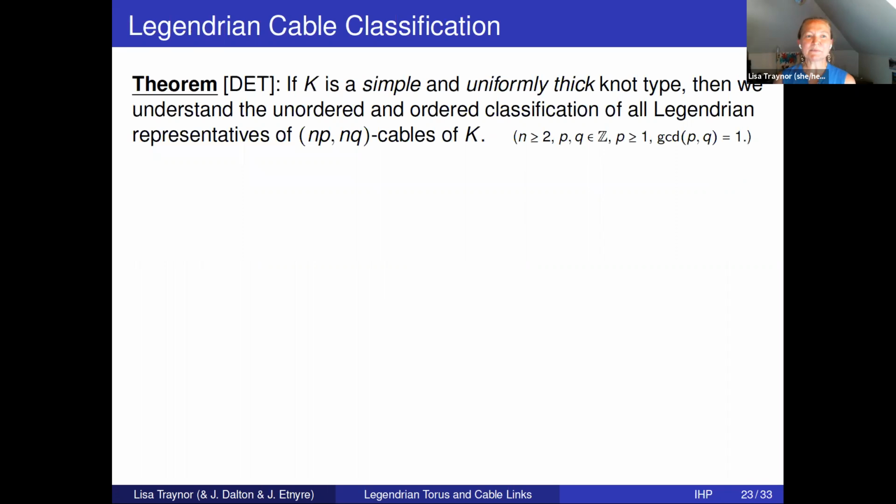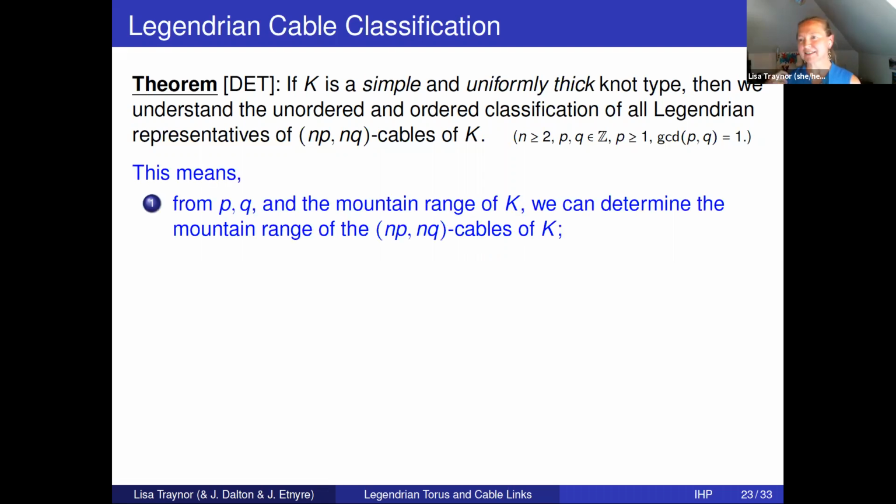In fact, we also have a classification of all these cable links under some conditions. If K is simple and uniformly thick, and I'll say what that means, then we understand the ordered and unordered classification of all the Legendrian representatives.